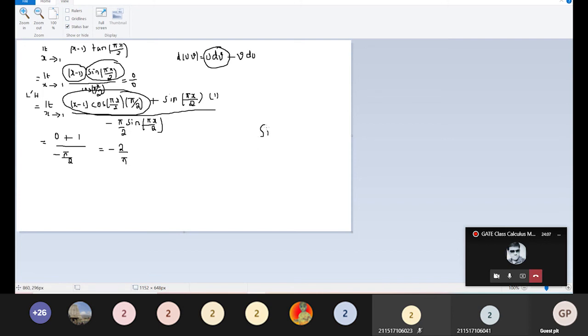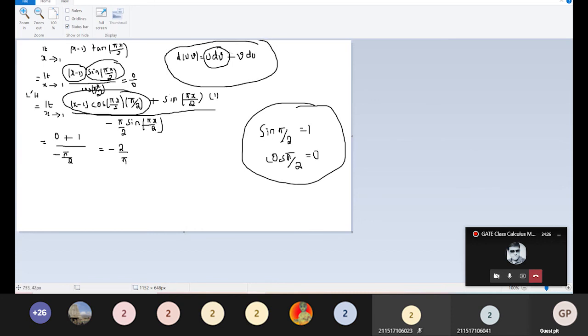You should know the basic values: sine pi by 2 is 1, it is sine 90 degrees, and cos pi by 2 is 0. Then the product rule for differentiation of a product of two terms, then L'Hospital rule. We apply L'Hospital rule when we have an indeterminate form, like 0 by 0 or infinity by infinity.